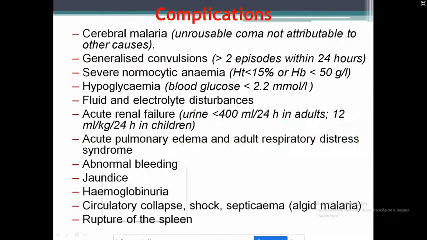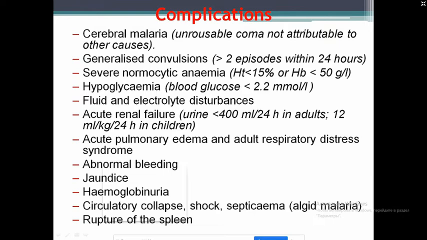Complications. First, cerebral malaria, dear students. Unrousable coma, not attributable to other causes. Generalized convulsions, dear students. Severe normocytic anemia. Hypoglycemia when blood glucose is less than 2.2 millimoles per liter. Fluid and electrolyte disbalances up to hypovolemic shock.